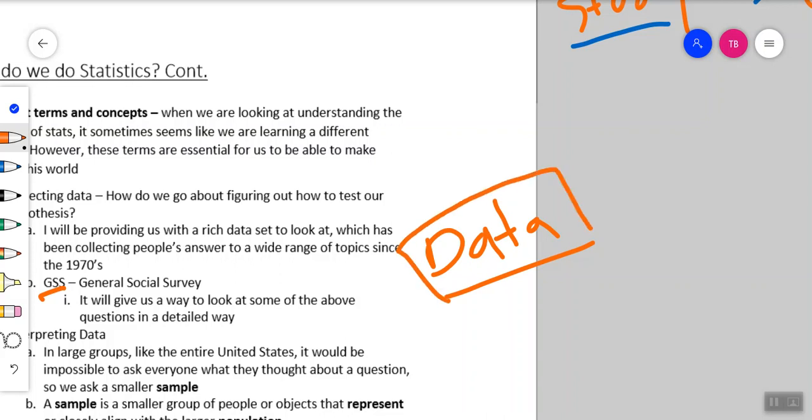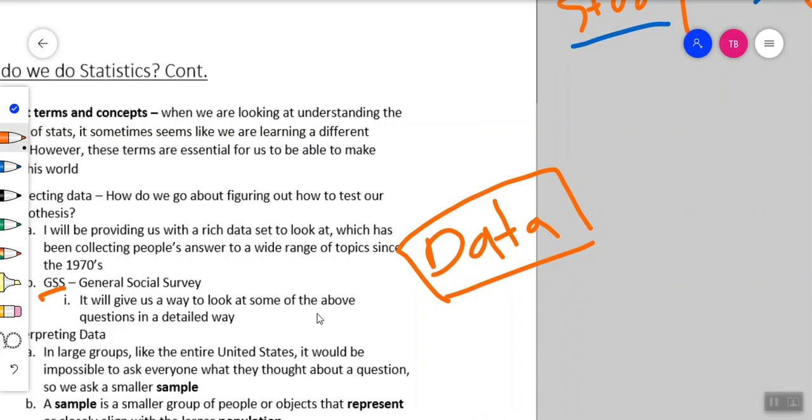So the GSS General Social Survey data is something you could take a look at, and we'll take a look at it in the coming weeks on how data actually is used in the real world to predict things that are going to happen, in order to start seeing how populations are changing over time, and things like that.